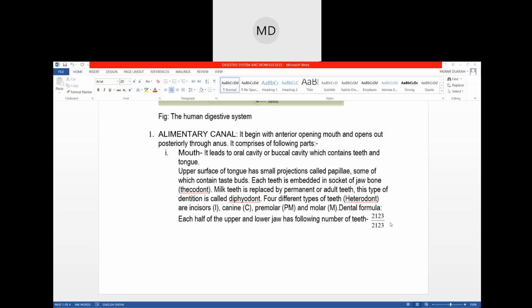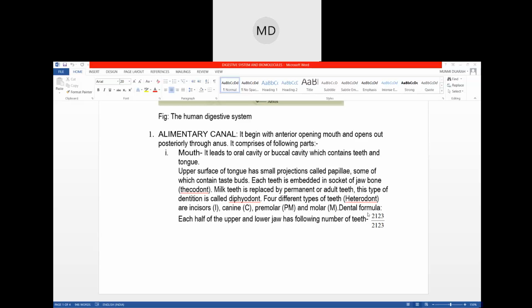Then premolar, this side 2 and that side 2, a total of 4. Then the molar is the last one, 3 and 3 at the end. For those who have 28 teeth, the number of molars will be 2 and 2, not 3 and 3. The same applies to the lower jaw.